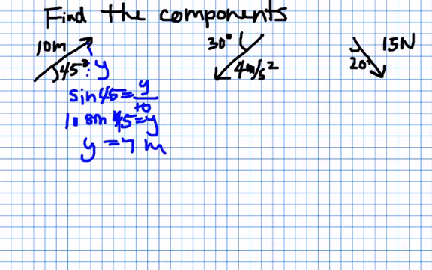Another way that you could have done this, if you know your trig, you know that this side is x times the square root of 2, where each side of these is equal to x. And again, since you hopefully know your 45-degree triangles, we know that this is also equal to our x, which is also equal to 10 divided by the square root of 2, which is a radical, and we can simplify.